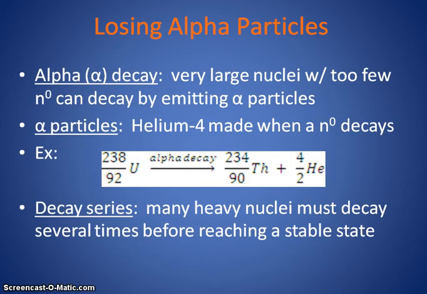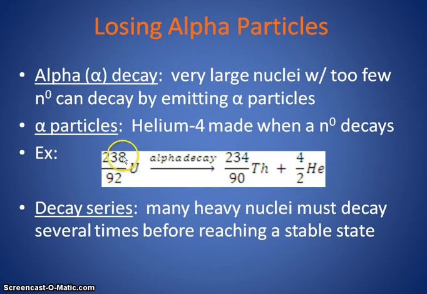Another way to stabilize a nuclei is by losing alpha particles. With alpha decay, you're going to have a very large nuclei with too few neutrons that decays by giving off these alpha particles, which are helium-4s. So here's our example.